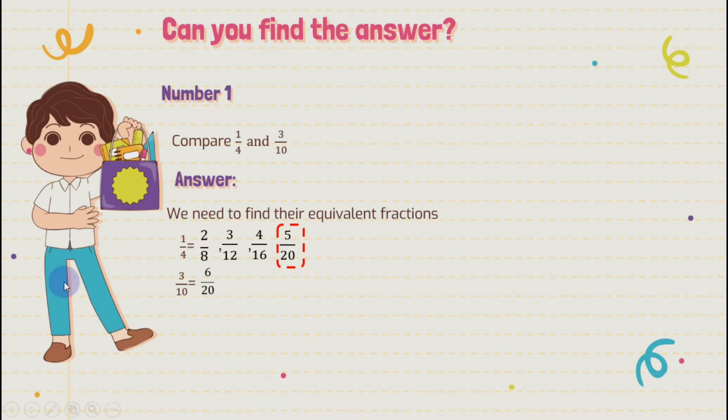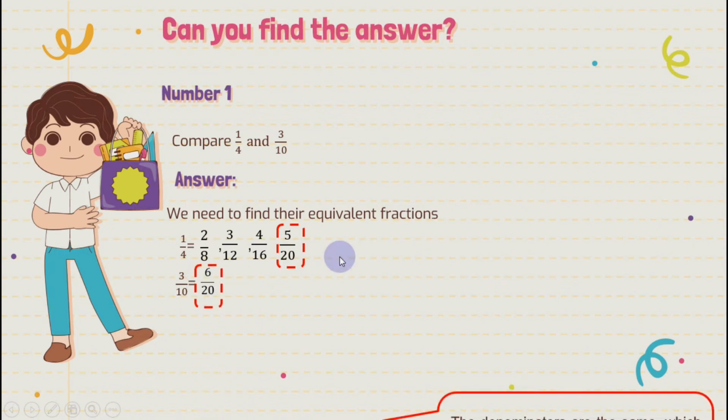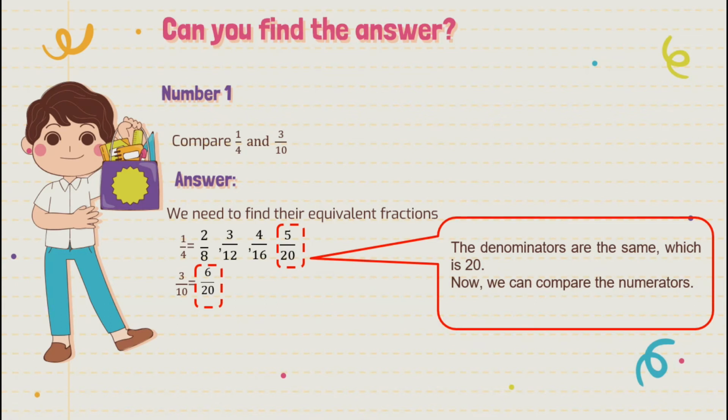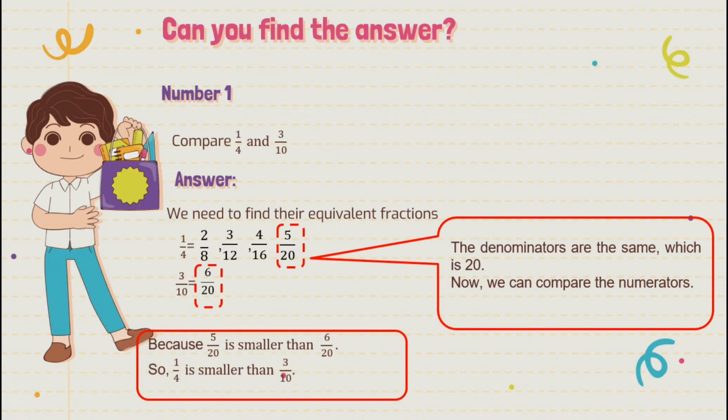Now, 1/4 and 3/10 have the same denominator, which is 20. Now, we can compare the numerators. 5 and 6. Because 5/20 is smaller than 6/20, so 1/4 is smaller than 3/10.